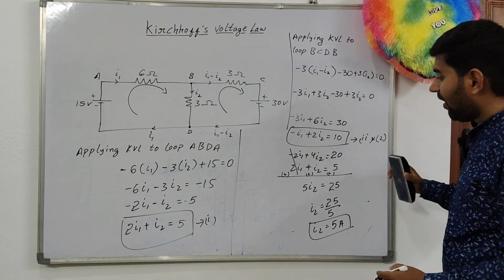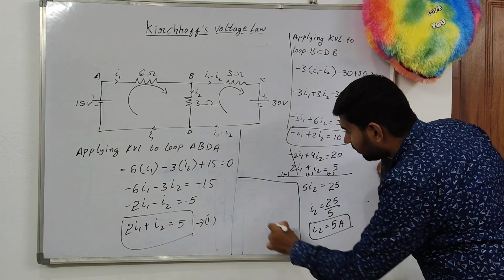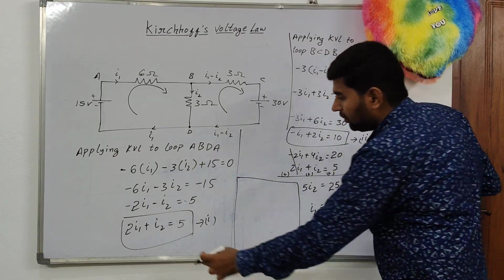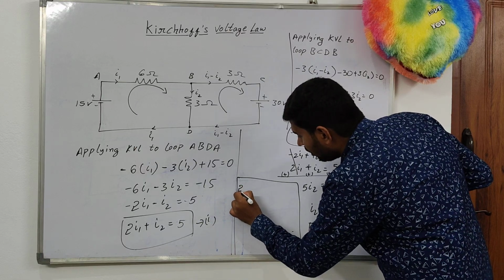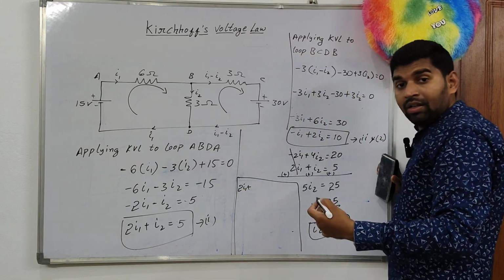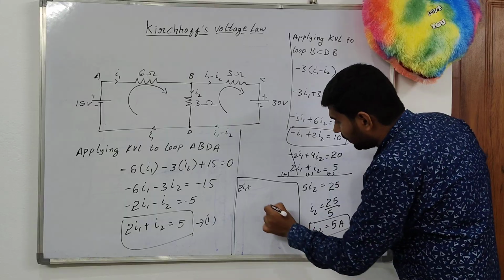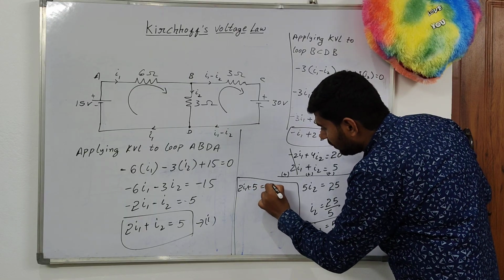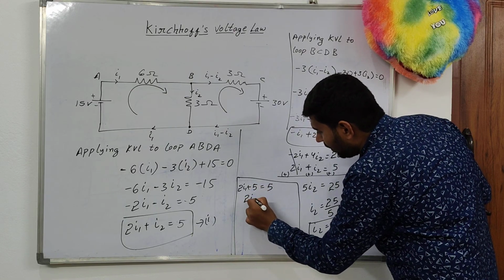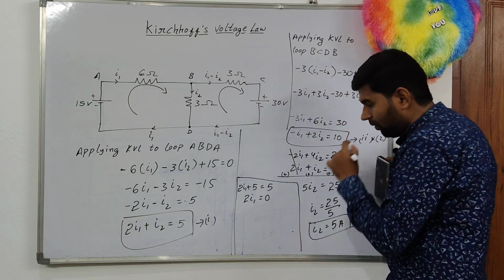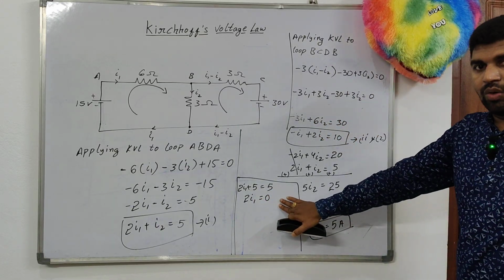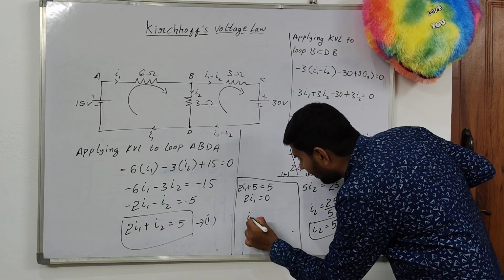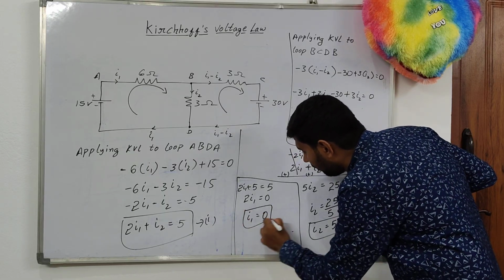By this, how to find the current I1? By using this equation, 2 into I1 plus I2, where I already know I2 is equal to 5. Therefore 2I1 is equal to 15 minus 5, which is 10. So I1 is equal to 5.